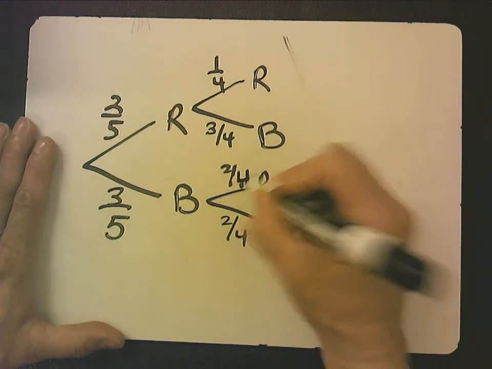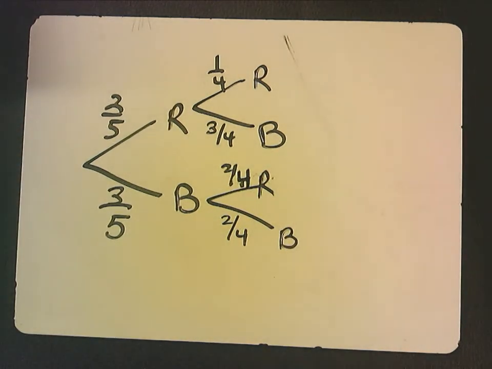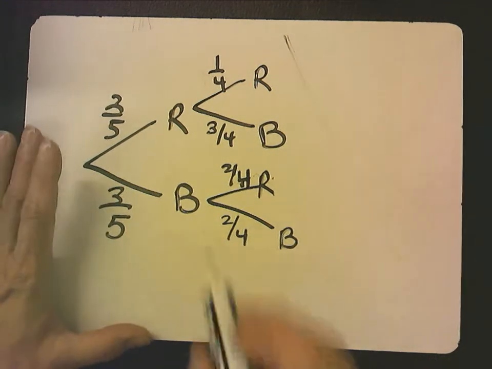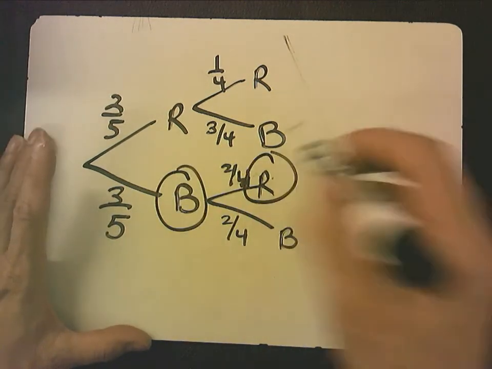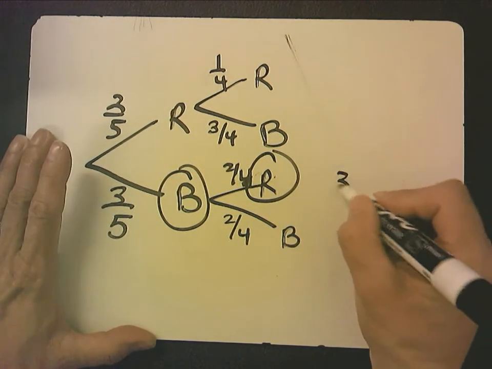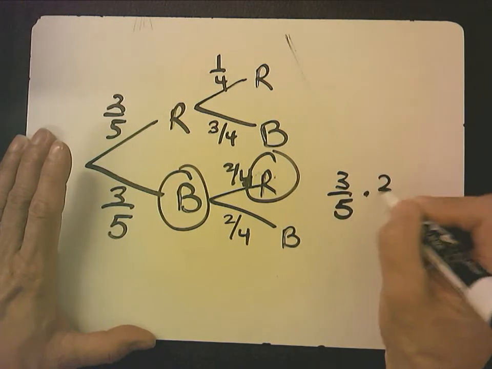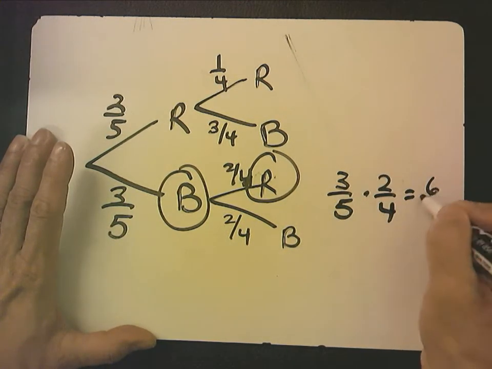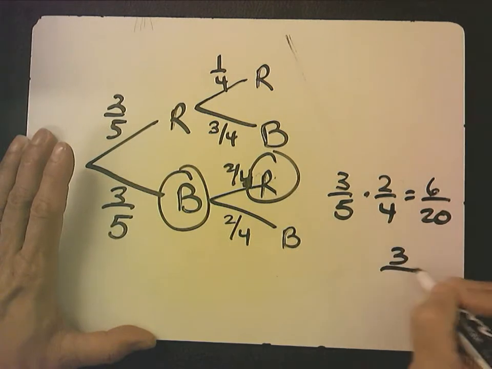So to get the probability of selecting a blue then a red, I would do 3/5 times 2/4, which is 6/20, which is 3/10.